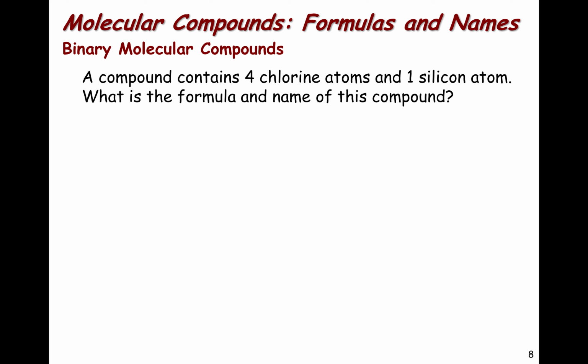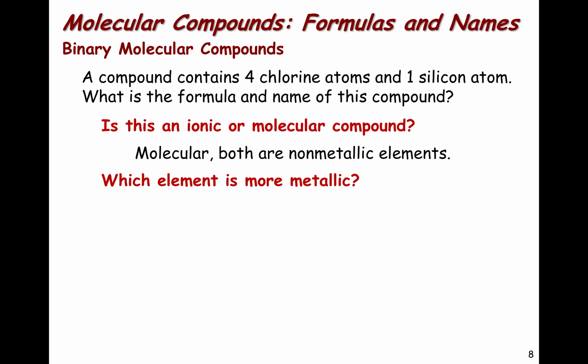As another example, in this particular case, we want to consider a compound that has 4 chlorines and 1 silicon atom. So the question is, what is the formula and the name of this compound? The first question that we would ask is, is this a molecular or ionic compound? Both chlorine and silicon are nonmetals, so therefore it's a molecular compound.